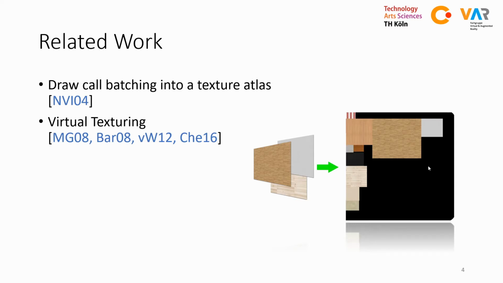One concept that evolved from texture atlases and tries to address the resolution problem is virtual texturing. Similar to the idea of virtual memory, a virtual texture emulates a much larger texture of which only a small fraction resides in actual physical memory. This fraction changes dynamically depending on the currently rendered view and is usually managed via a second indirection texture.